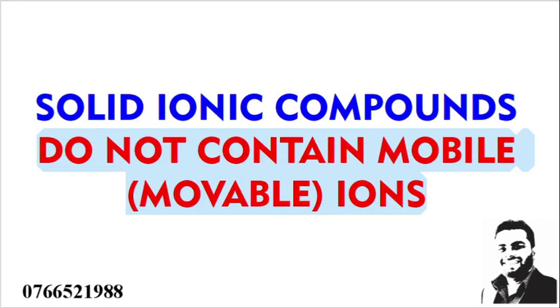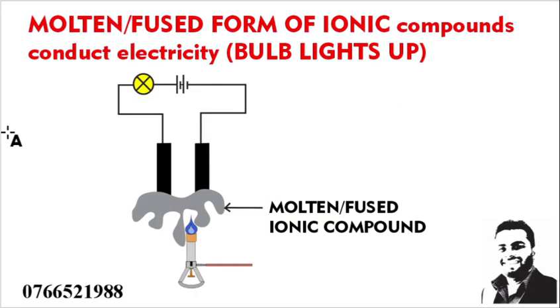But if you can make this solid into fused form or molten form, fused means, right? So now you heat it, not dissolving in water, you heat it and make it a liquid upon heating. So this we say fused form or molten form. So that is molten.